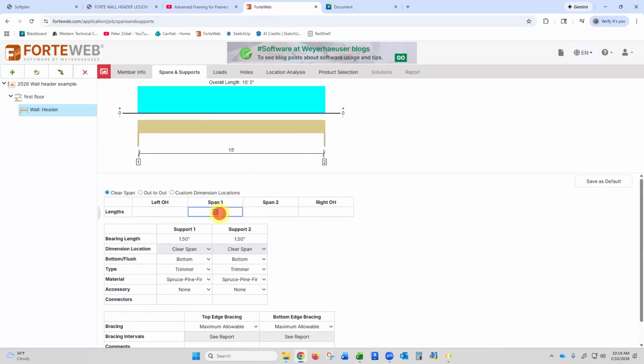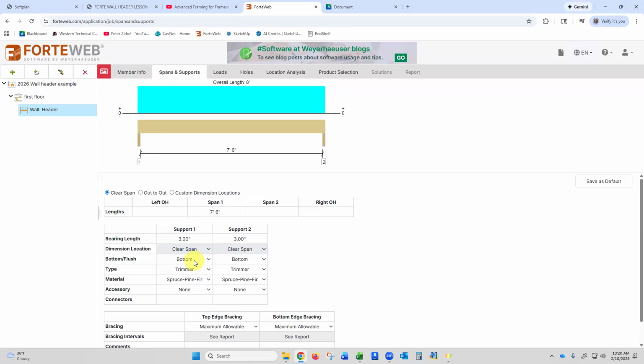We're going to change our span to clear span, because that's the rough opening, where it's already at clear span, 7 feet 6. Click out of it. Our bearing length is going to be 3 inches on both sides because it's the 2 shoulder studs, or 2 jack studs, however you want to call them. And it's going to be clear span.